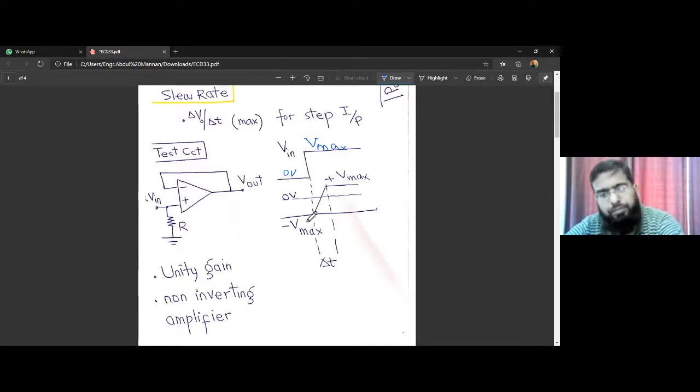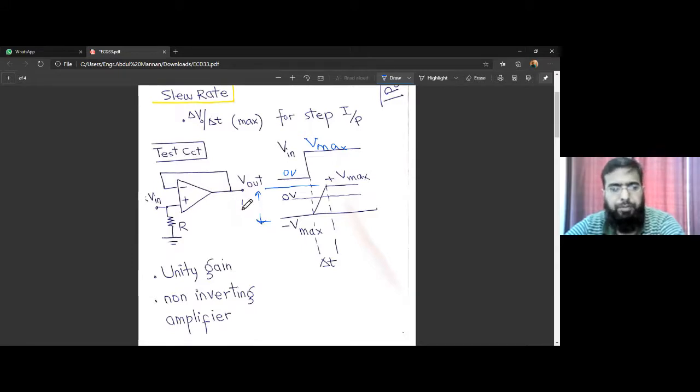So it rises and goes to Vmax but takes some time, del t. So this change of voltage, del V, what is del V? From here to here, this is del V. This del V out divided by del t is slew rate.